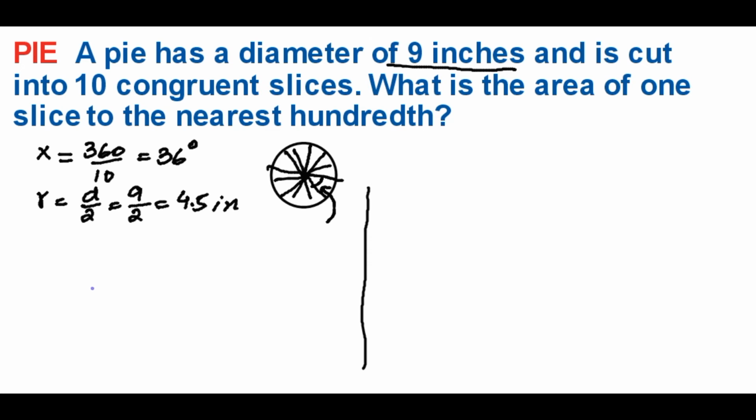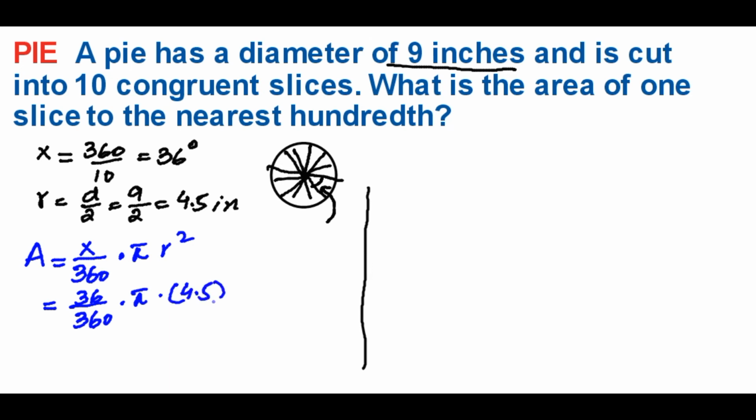The formula for the area of the sector is A equals x over 360 times pi r squared. X is 36 over 360 times pi times 4.5 squared.